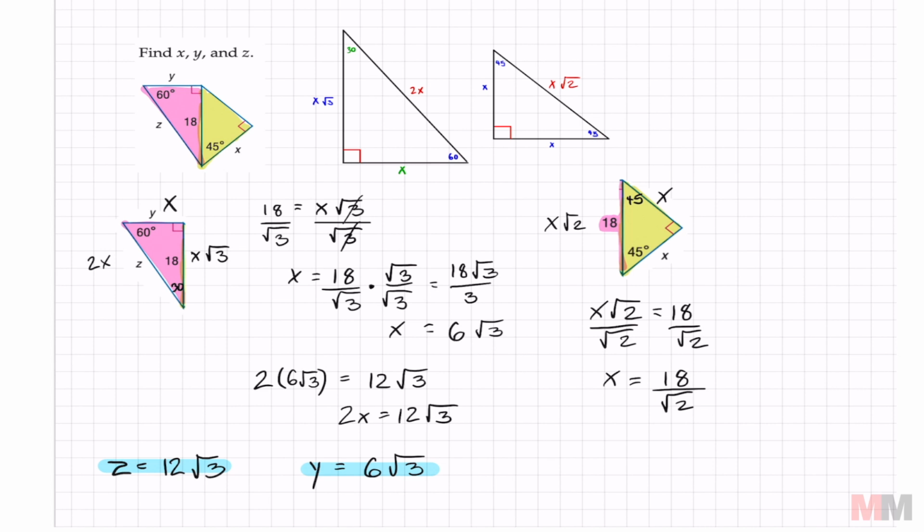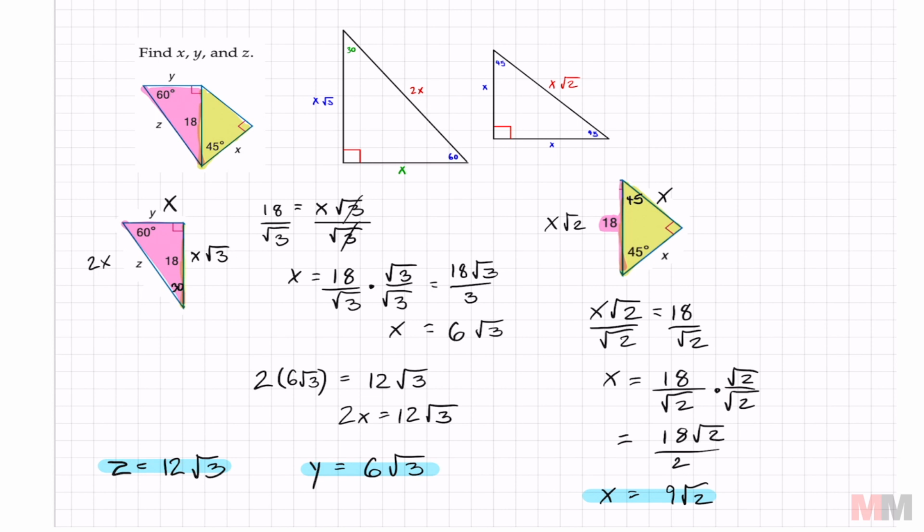We don't want that square root at the bottom, so to get rid of it, just multiply by the same square root on the top and bottom, and you got 18 root 2 on the top over the square root of 2 times root 2, which is just a 2. I can simplify further because 18 over 2, just divide the whole numbers, you get 9 root 2. That is what X represents.